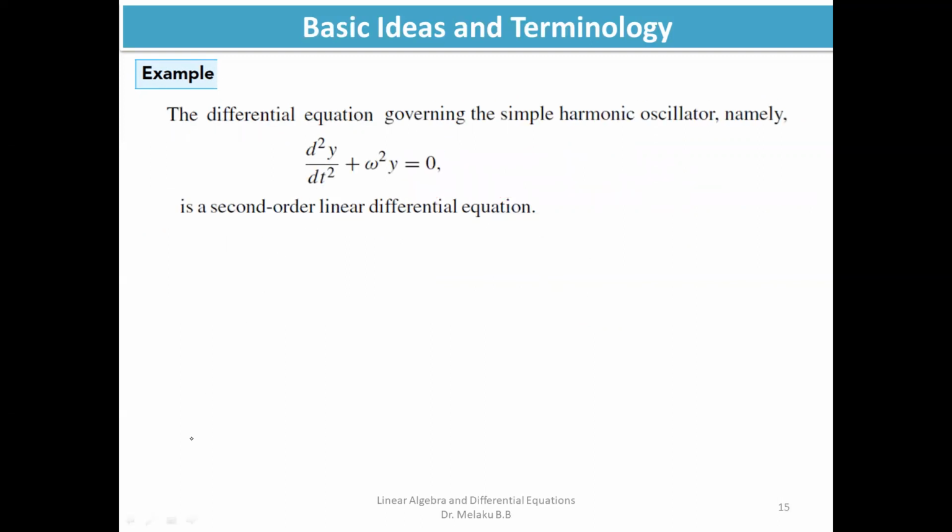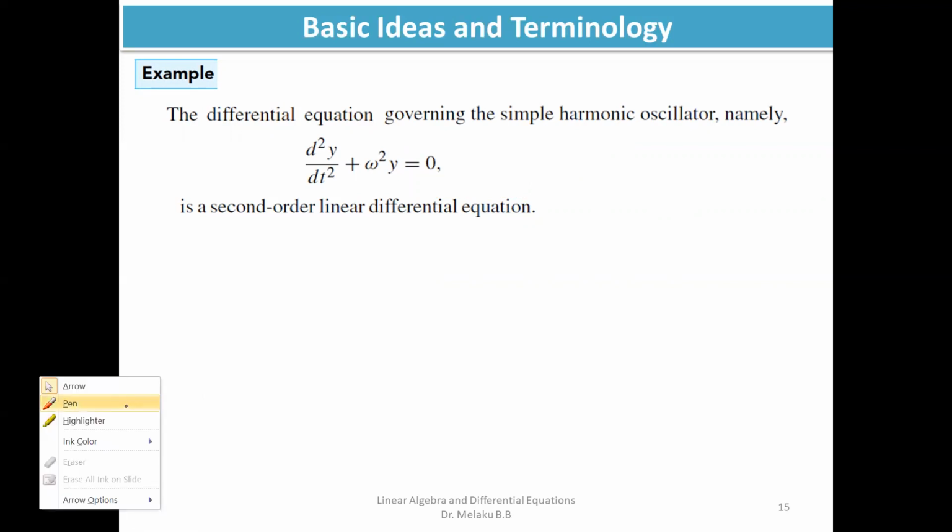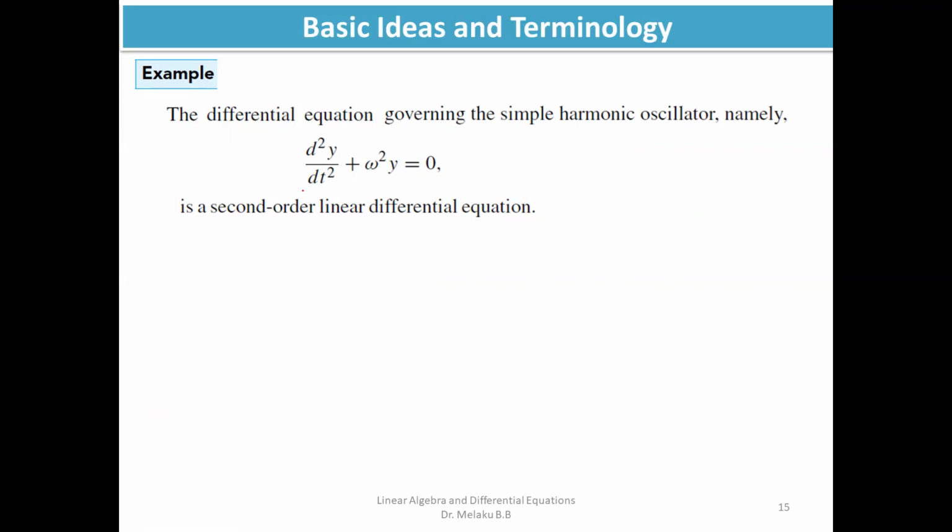This is also a first order linear differential equation. And the one that we didn't consider but can be used here is the simple harmonic oscillation. You can see in the book where I gave you the reading assignment, you will obtain this differential equation of second degree, d squared y by dt squared plus omega squared y equals 0, which is a second order linear differential equation as well.